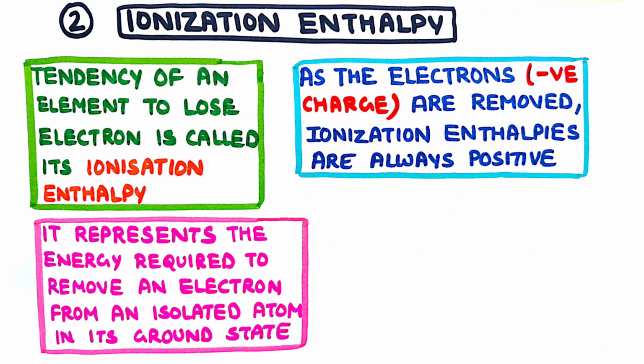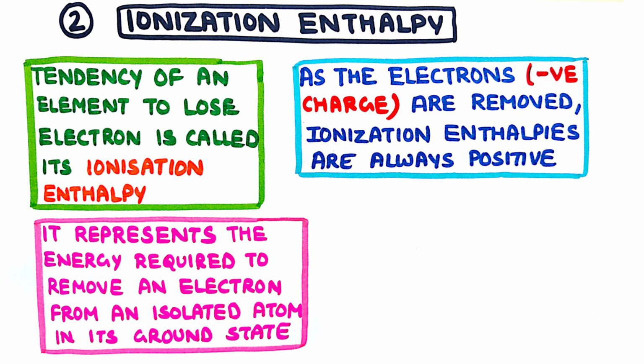Now, the second physical property of the elements in the periodic table is ionization enthalpy. The tendency of an element to lose electron is called ionization enthalpy. It represents the energy required to remove an electron from an isolated atom in its ground state.